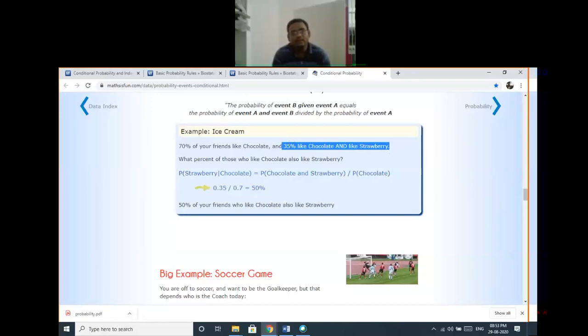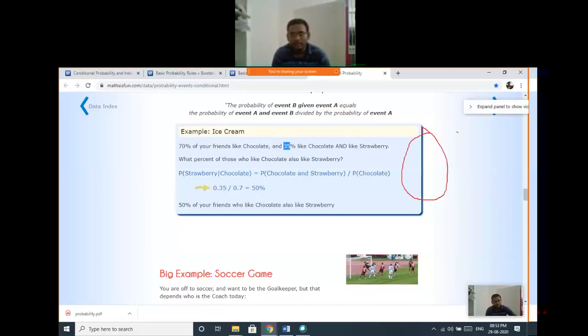That means the intersection is given, and chocolate is, let it be A. So this is a Venn diagram over here, and the intersection is given, and the 70% is for chocolate, let it be A, and B is strawberry, which is not given separately. But A is given, 70%.